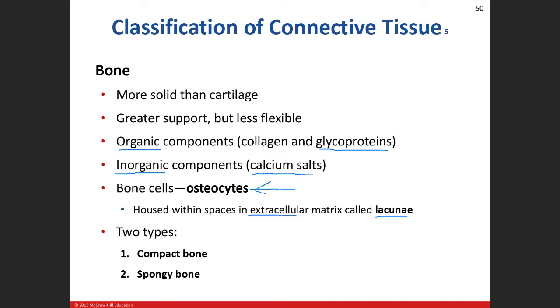The extracellular matrix is made up of organic and inorganic components. It's the osteoblasts, not so much the osteocytes, that make the bone. They secrete the organic matrix, then calcium comes in and makes it hard, and these cells live in the bone. The cells that live in the bone are the osteocytes.